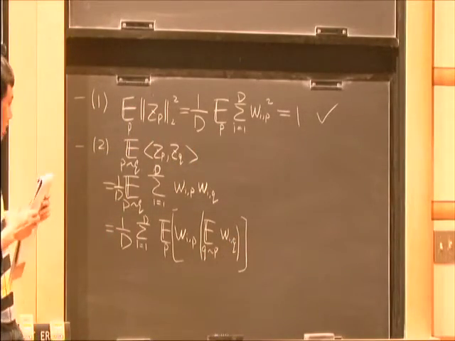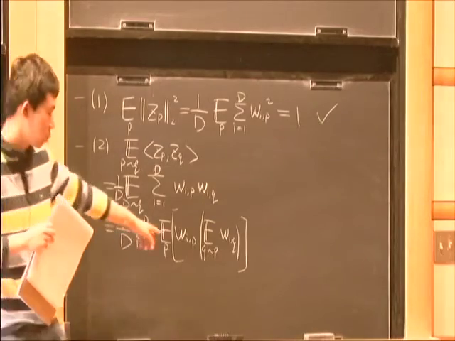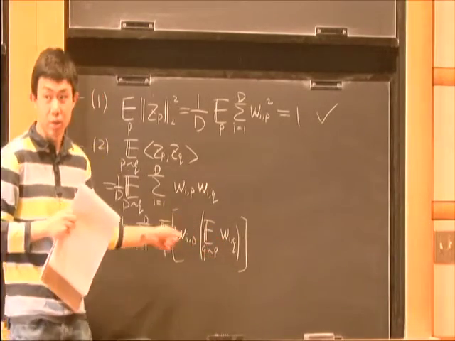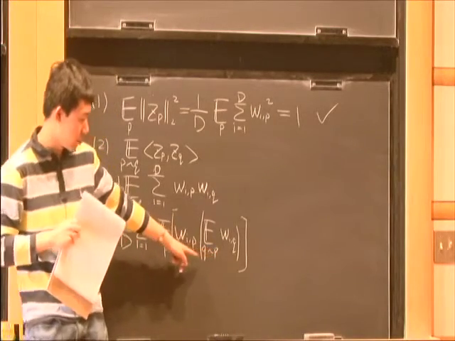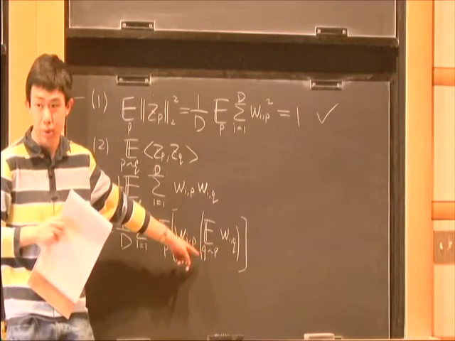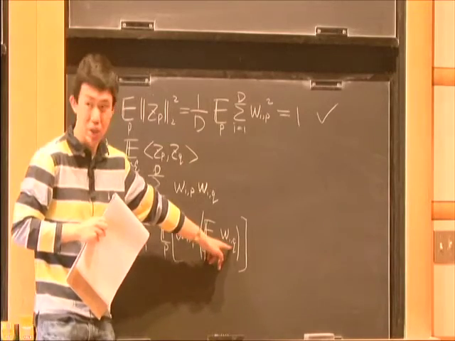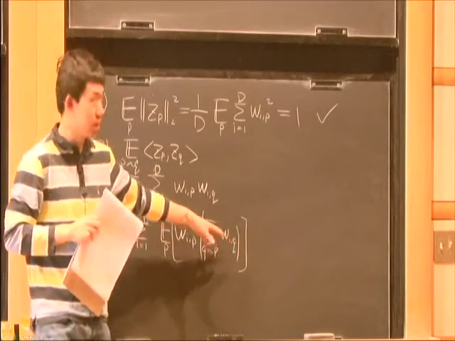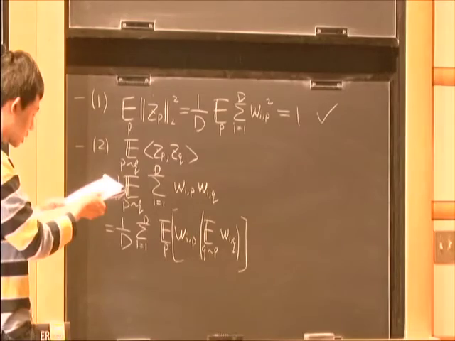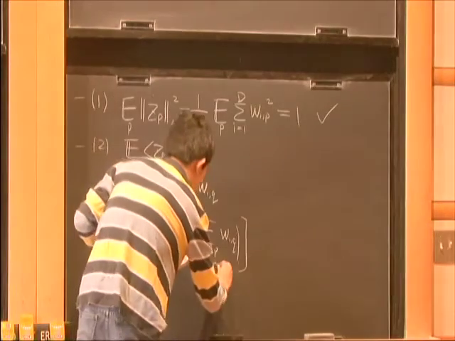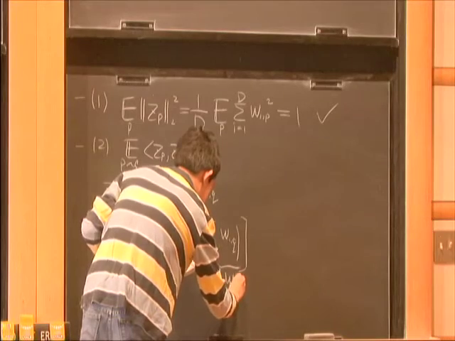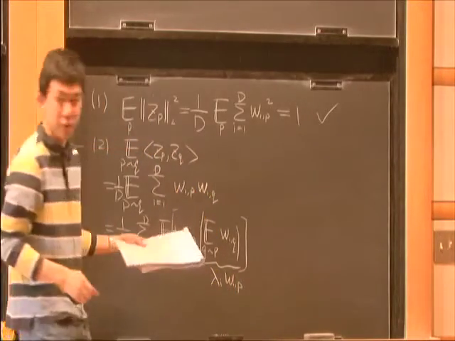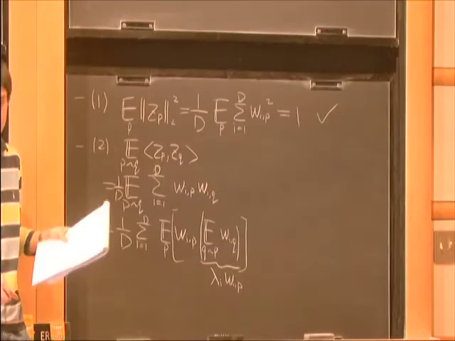But as we defined, this W is an eigenvector, and this is you take one step of random walk from P to get to Q, and the average of W_i(Q). So this is exactly lambda_i times W_i(P), because it's an eigenvector.